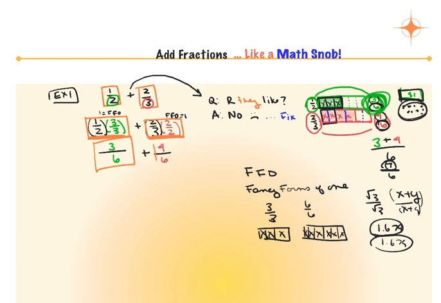And my term is still itself, and it's still the same value, 4/6. So now they're like. So then what do I say? I have 3 and 4 pieces of 6, which gets me my 7/6. There you go. Adding fractions.